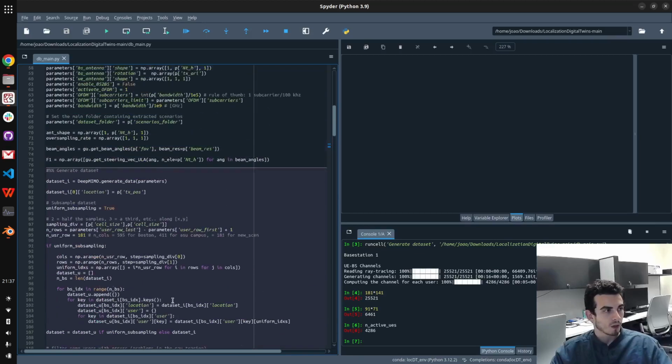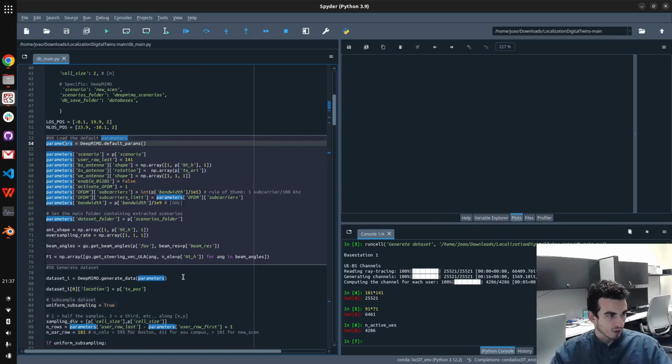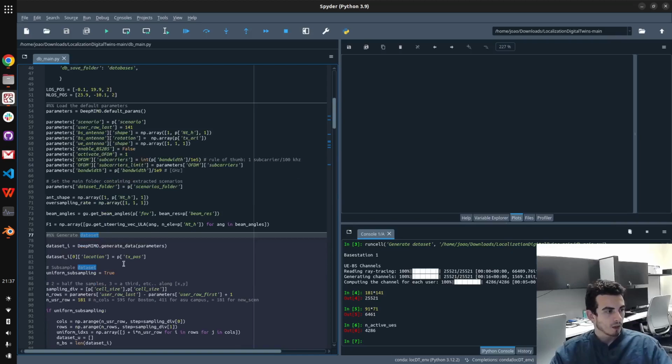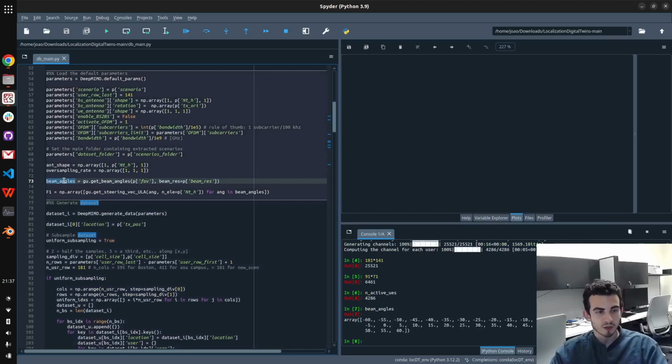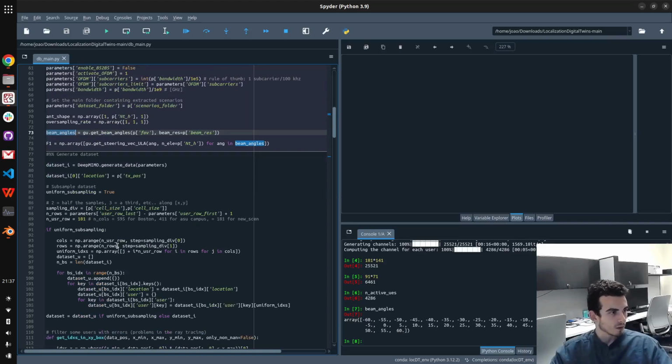So essentially, this code generates the data set in generate, which is here. We generate the data set here, and this part of the code handles the codebook for creating the beams in those directions. The directions are these ones that we talked about before.